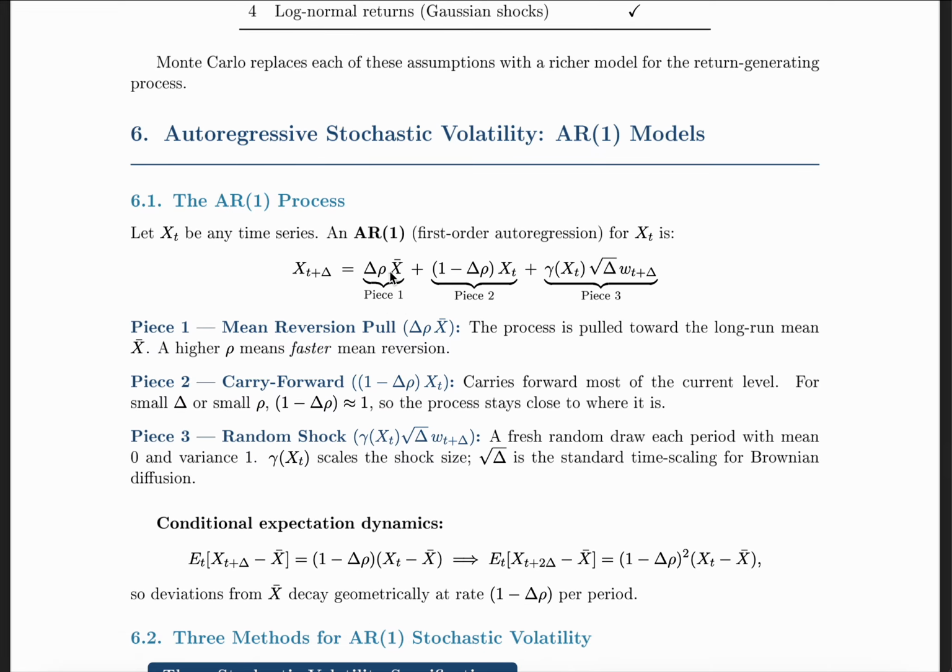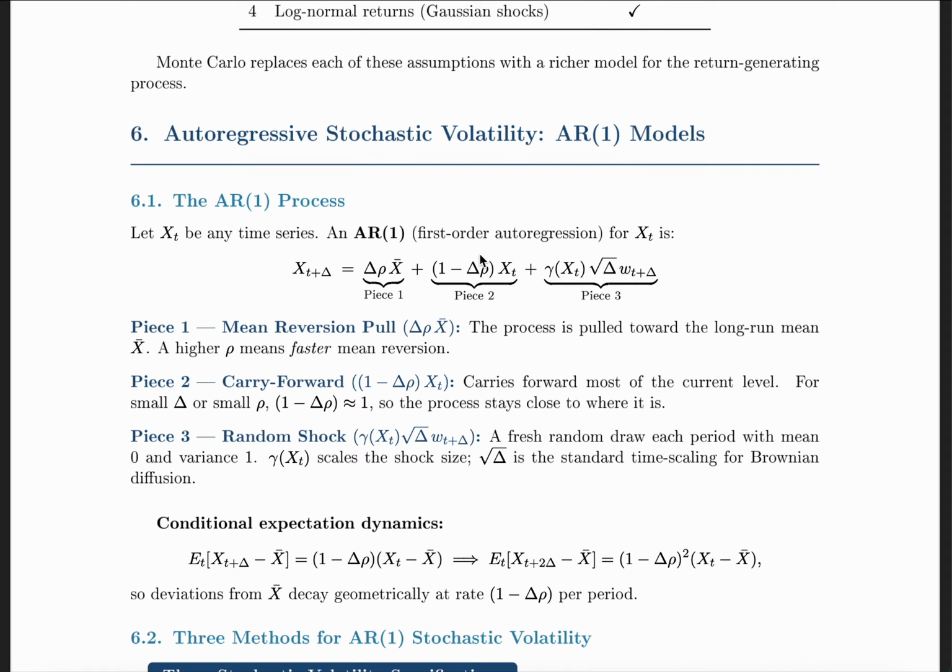Piece 1 is saying that if we have some random variable x, and one time period has passed, then we're going to get delta, which is the length of that period, times rho, which is the strength of the pull, times the difference from the mean, which means we're going to get this much closer to the average value. So this is the mean reverting term.